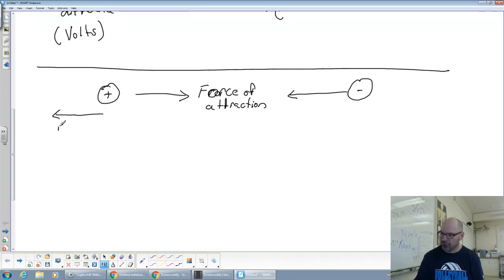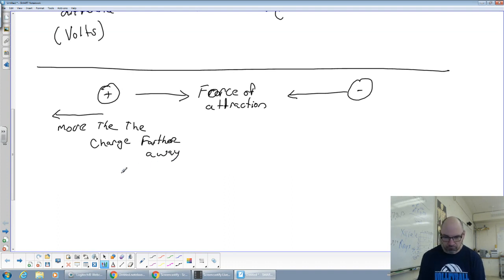if we move the charge farther, we're going to gain some electric potential difference.